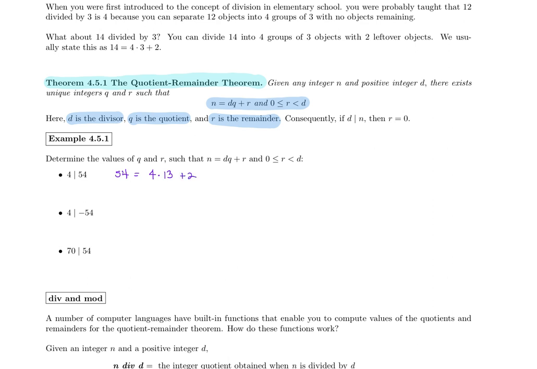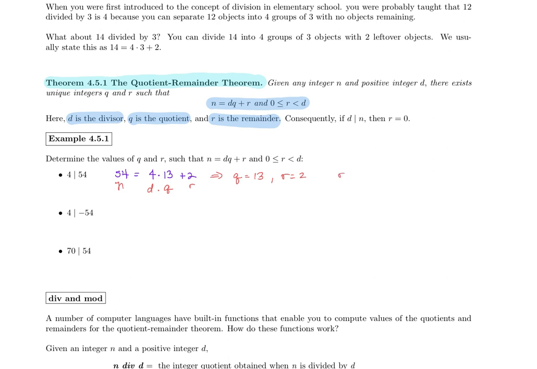So now I have 54 is made up of 4 times 13 plus 2, where 54 is my n, 4 is my divisor d, 13 is my quotient q, and 2 is my remainder r. So we would have q equal 13 and r equal 2.